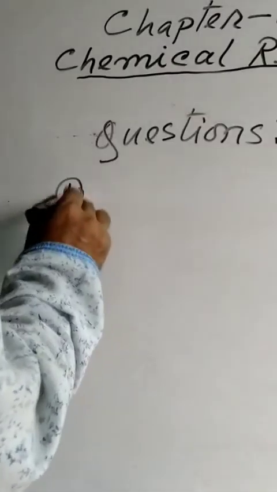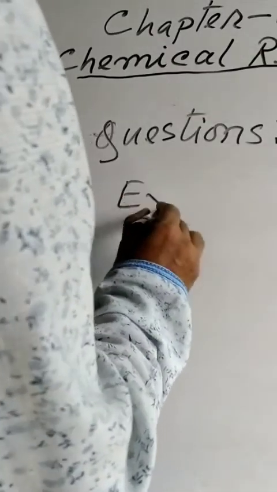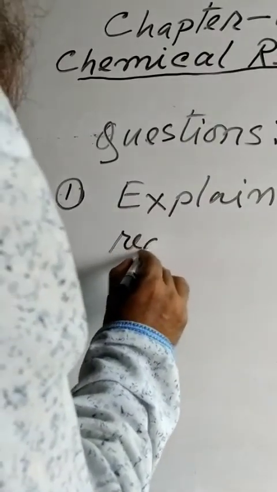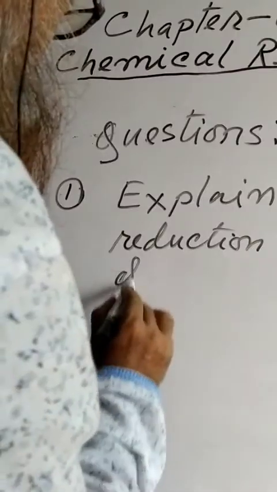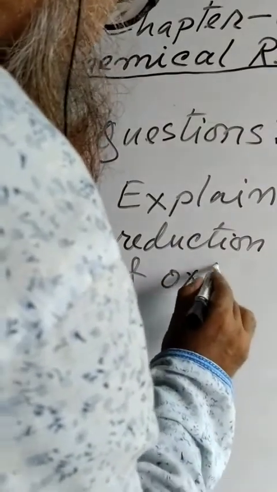Question number 1: explain oxidation and reduction on the basis of oxidation number.